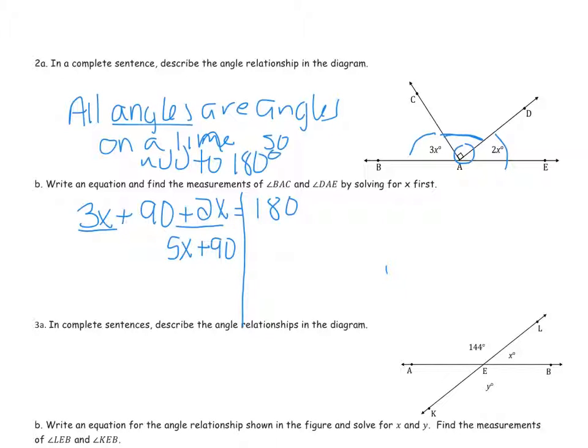So 3x plus 2x is 5x plus 90 equals 180. So we have to subtract 90. So 5x equals 90. And we're going to divide by 5, and feel free to use a calculator or just paper and pencil, or in this case stylus and iPad.